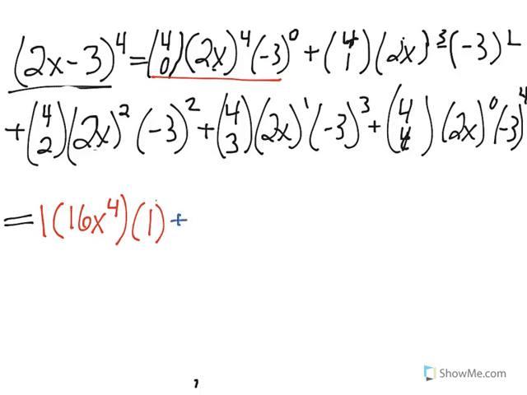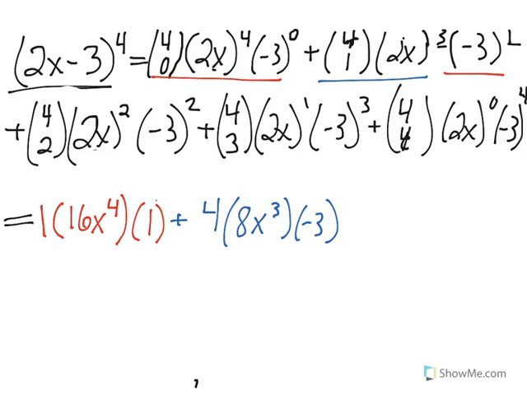Alright, now we have plus, let's add this. 4 combination 1 is 4. 2x cubed is 8x cubed, and then we have negative 3. Okay, and then we have the next one, over here. Let's erase that, this was all that.